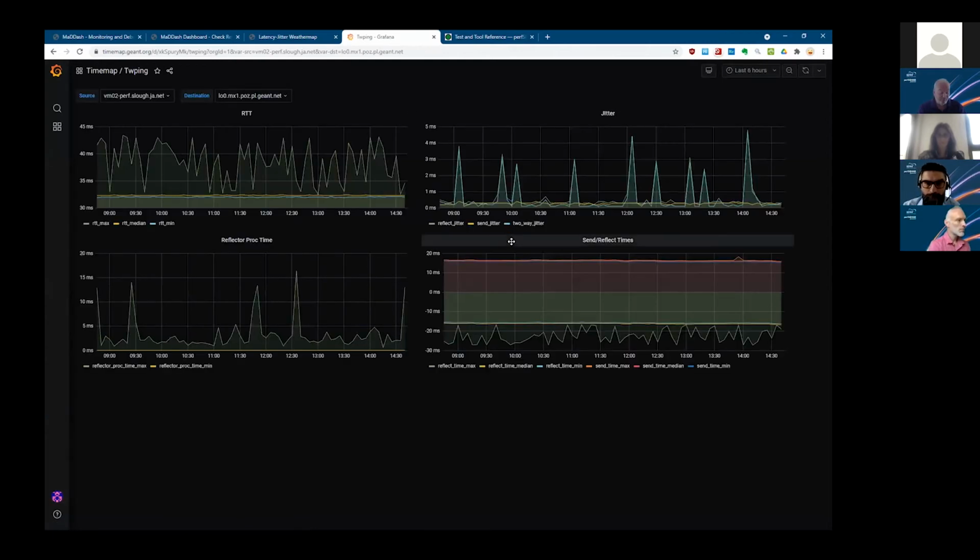So as you can see on this graph, I have from the perfSONAR node in London Slough towards the Poznan router the sent results, the forward direction results, which are here above, and the reflected results, which are the reverse direction.